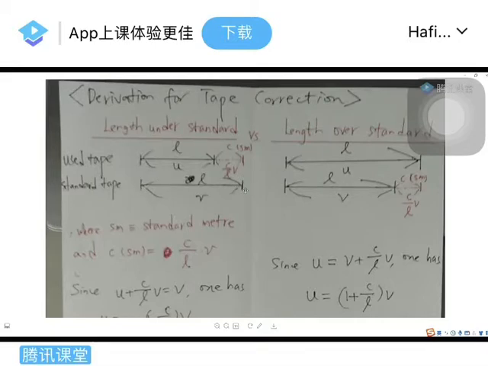Whatever is on this tape is correct in the sense that it is standardized or refers to the tape.